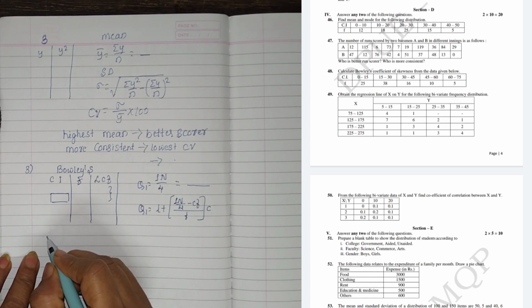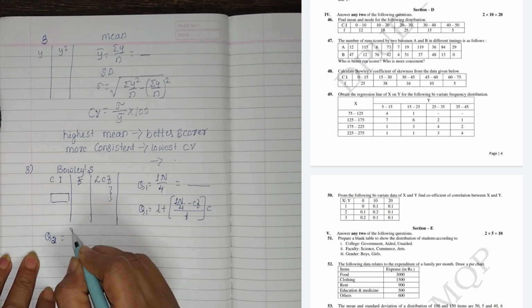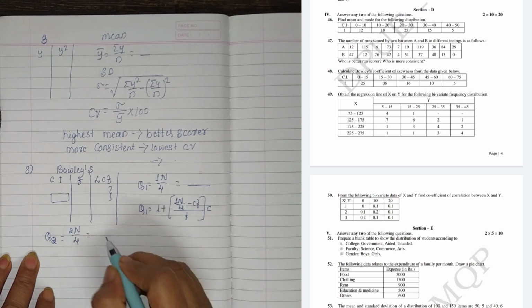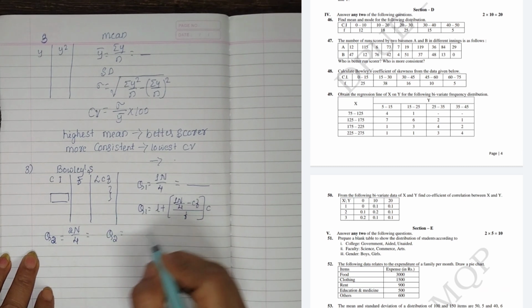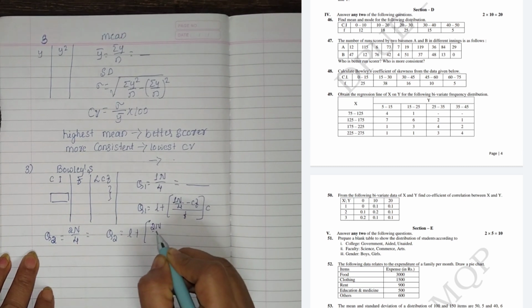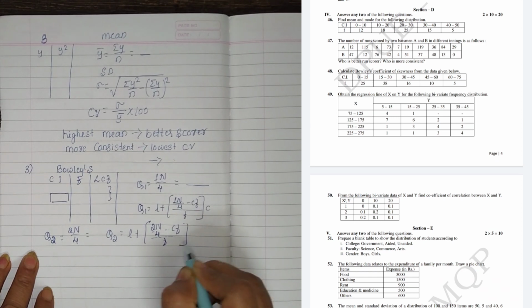The same way you have to calculate Q2 and Q3. Q2 is equal to 2n by 4, and Q2 also you have to calculate using this formula, L plus (2n by 4 minus CF) divided by F into C.